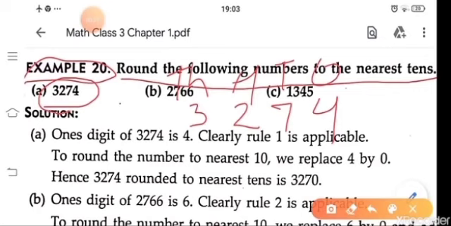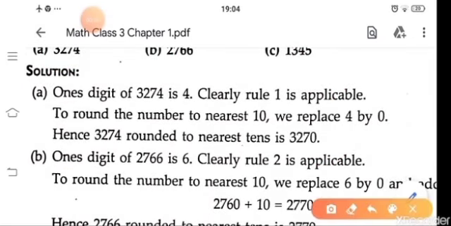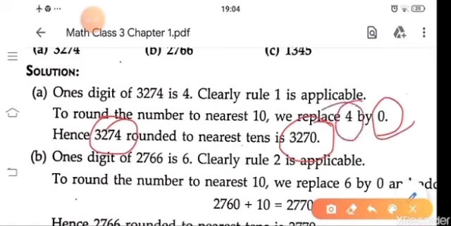At the ones place 4 is there, so we remove 4 and write 0. So 3274 becomes 3270, because of rule number 1.